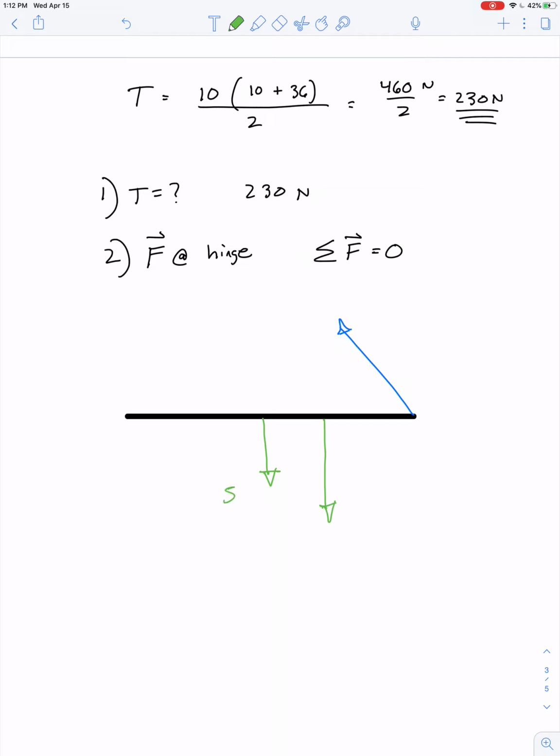So if this is 5 kilograms, it's going to be 5 times g, which is 10, right? So this is 50 newtons, and then this is 12. g will round up to 10, so that's 120 newtons. So we have a total downward force equal to 170 newtons.